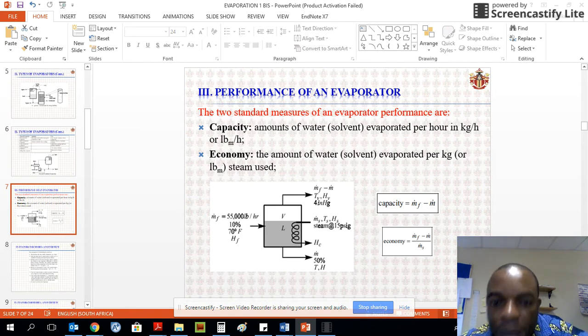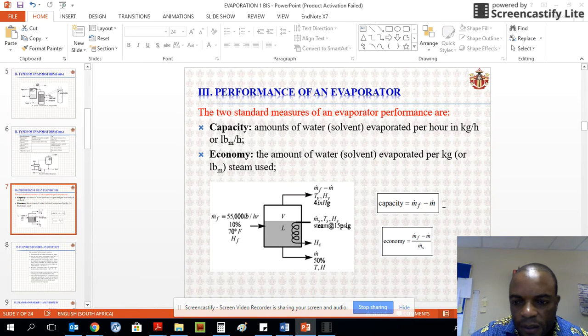By economy, we mean the amount of water that you are evaporating, or in general the amount of solvent which is evaporated for each unit mass of the steam that we are using, or of any service stream that is used for evaporating.